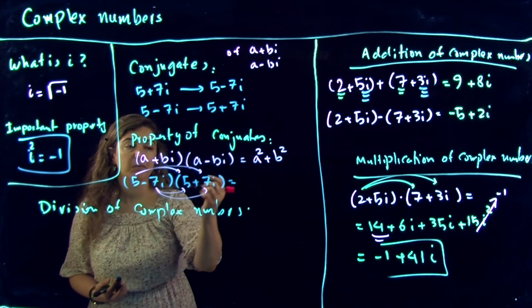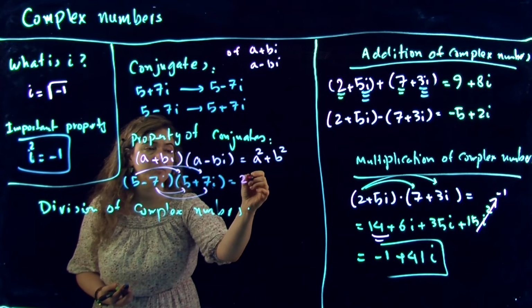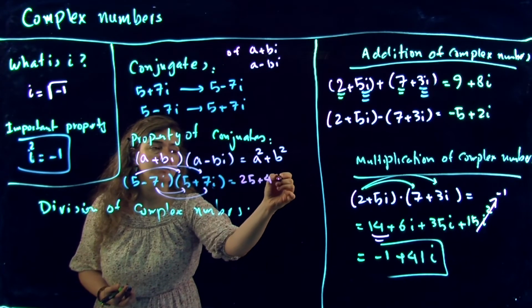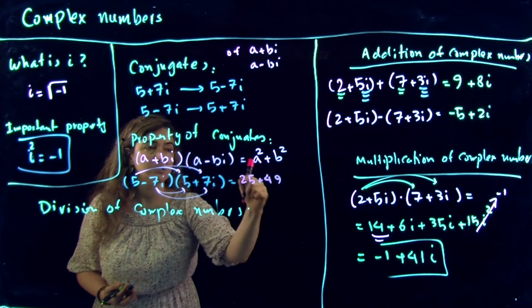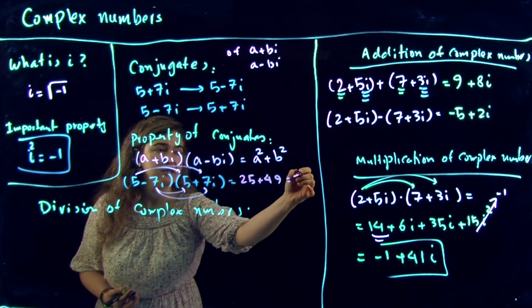And so minus and minus is positive, so it will become 25 plus 49, which is going to add up to 74.